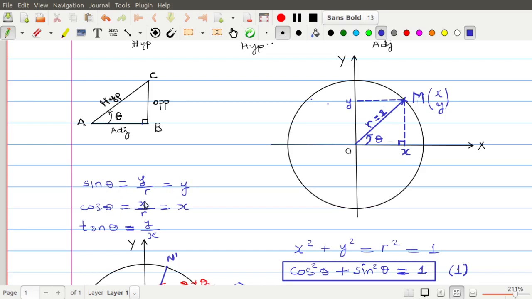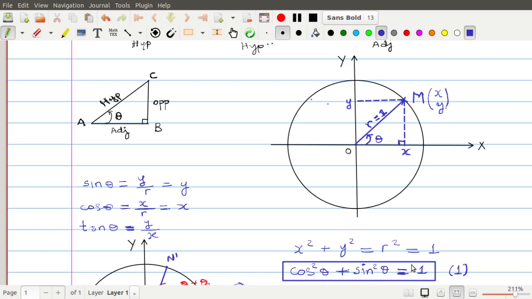Similarly, cosine theta will be x over r, which is x because r is 1. Therefore, we have the value of x, which is cosine theta, and the value of y, which is sine theta. So if we substitute these two values of x and y into this formula, x squared plus y squared equal to 1, we obtain the first formula, cosine squared theta plus sine squared theta equal to 1.